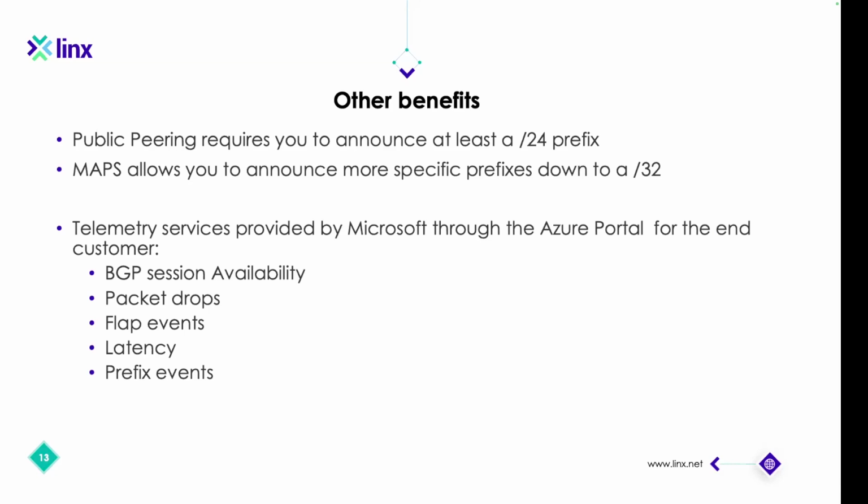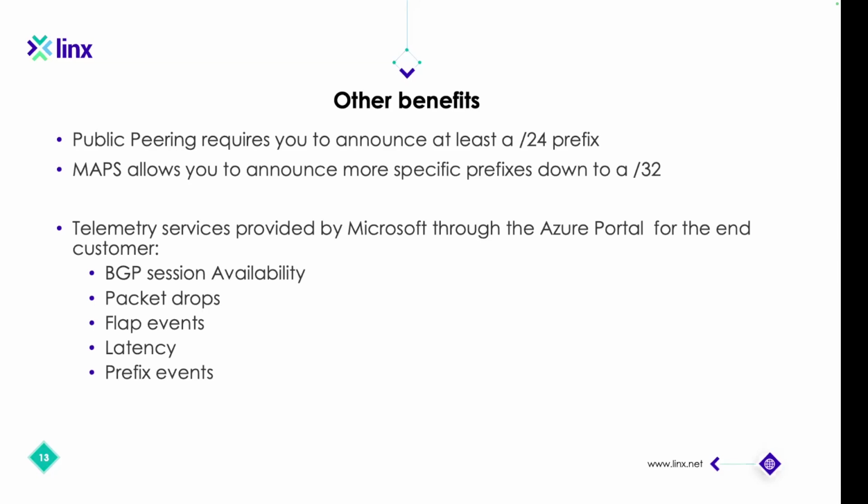There's some other benefits if you want to. You can set yourself up on the Azure portal if you are not already, and Microsoft provides you some additional data about your peering with them through MAPS. You will see the availability of the BGP sessions where they learn the prefixes from, which in the end are the BGP sessions with the route servers.